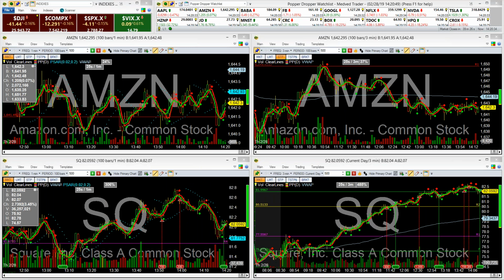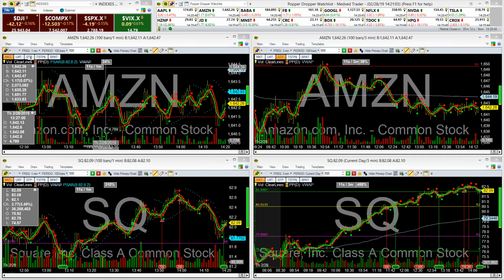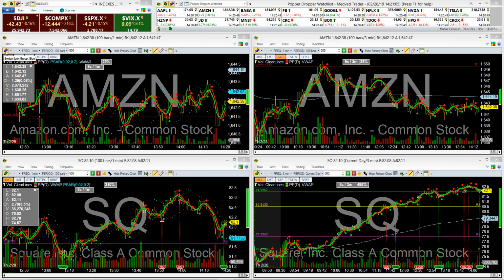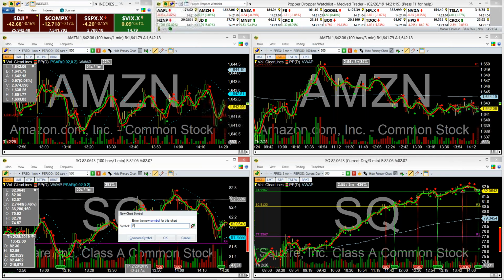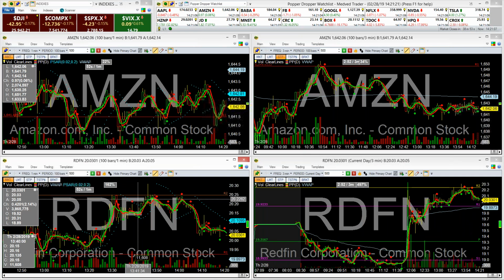Wayne says, I have a 4-chart layout. The bottom 1 and 3-minute change the stock entry separately. I need to enter each separately. I used to enter a stock in both windows and it would change the stock at the same time. So Wayne, that's what I have here. You'll notice my pin right here is blue, and it matches the one up here as blue. This is green and this is green. You need to make sure that those match. That's what's going to make sure that when I type in one window, it's going to carry over to the other window.